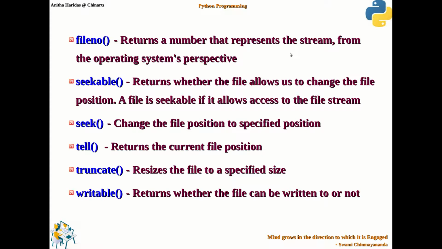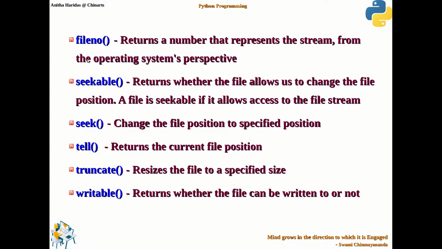Each and every file when you open will have an integer number, the FD, or file descriptor. It is actually the operating system that creates a file descriptor when you open a file, so that file descriptor will be returned by this particular method.